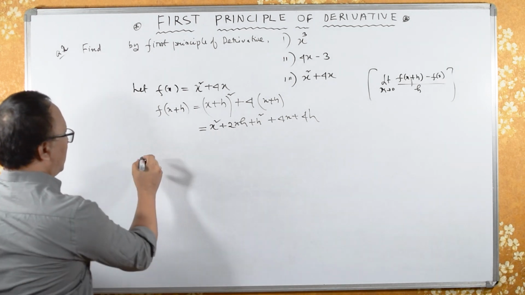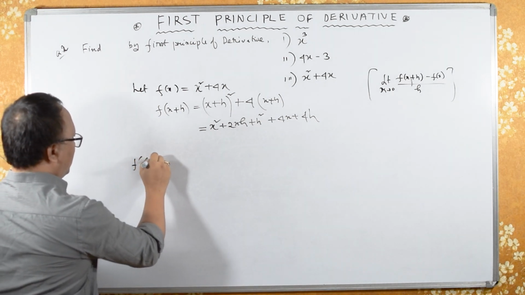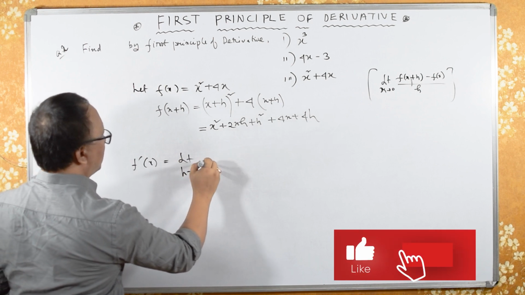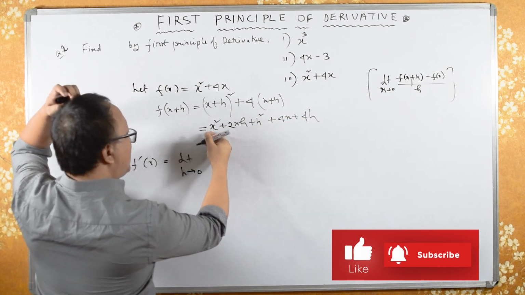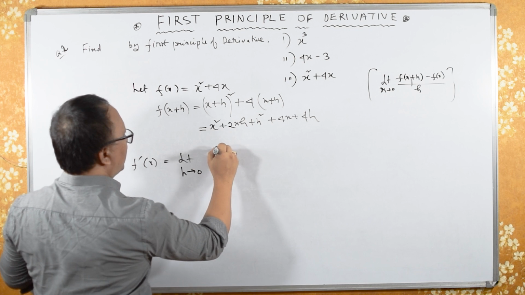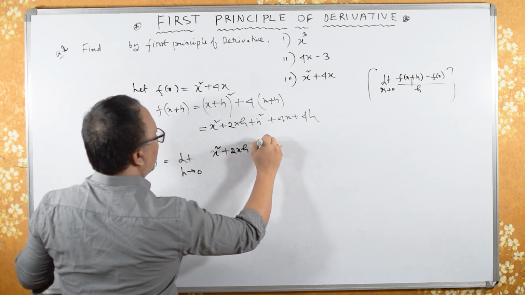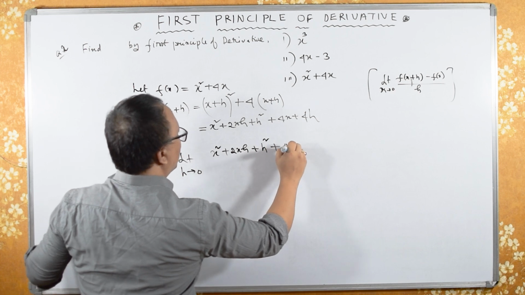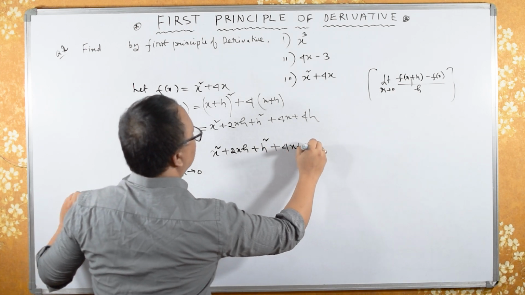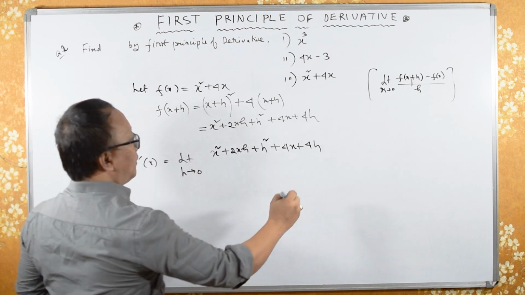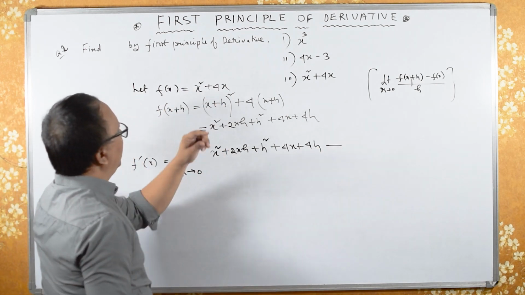Applying this formula, f dash x equals limit of h tends to 0, f(x plus h) is this: x square plus 2xh plus h square plus 4x plus 4h. This is my f(x plus h), minus, what is f(x)?